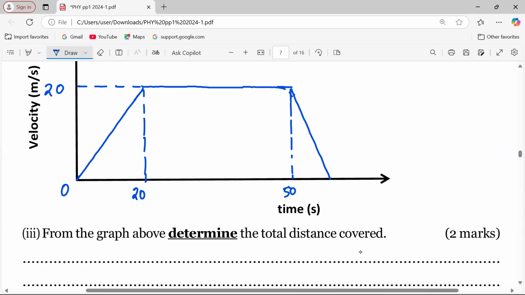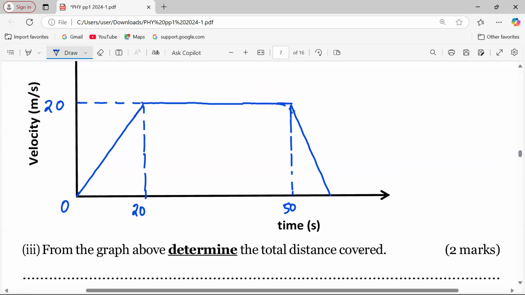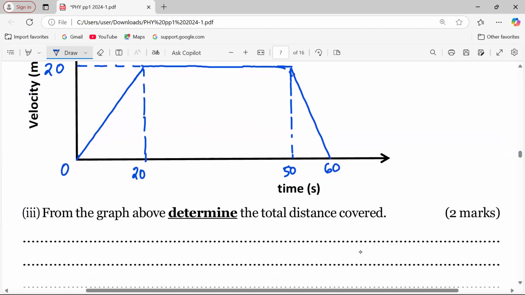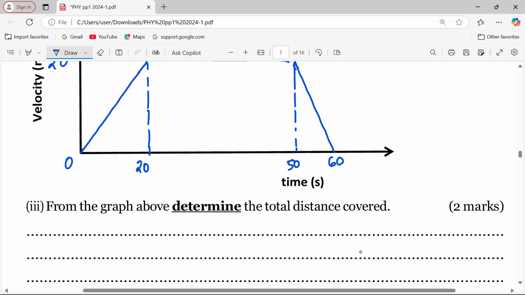When we talk about from 20, the next 30, sustaining the velocity of 20. Then in the next 10, this car is going to decelerate to 0. So in the next 10, from the 50th second, we shall be at 60. So that is how the sketch is supposed to appear.